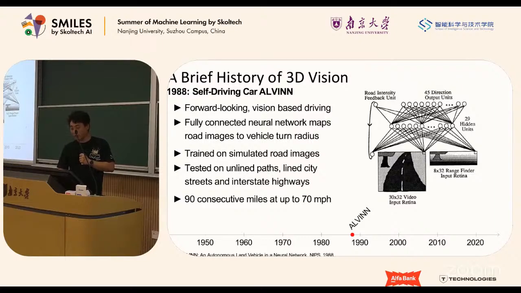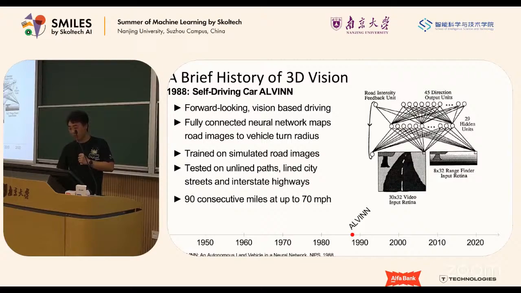ALVINN introduced a learning-based approach to autonomous driving. It's a fully connected neural network introduced in 1988. This network mapped forward-looking road images directly to a steering direction.